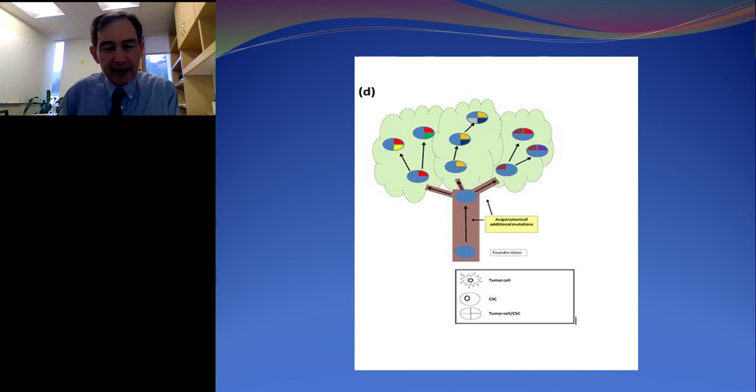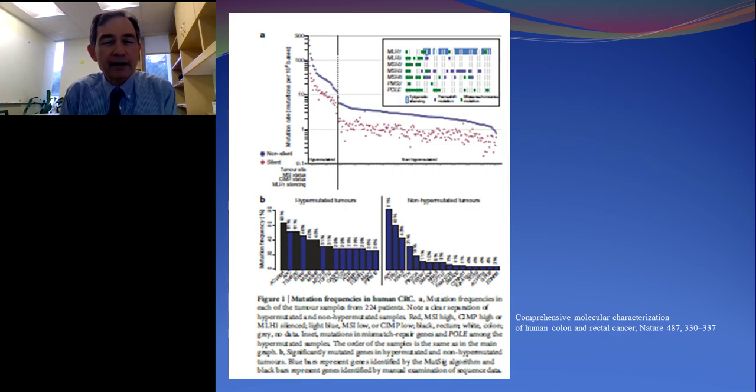And this slide shows you results from the TCGA for colon cancer, showing that colon cancers show a diversity of spectra with respect to the prevalence of mutations that occur.